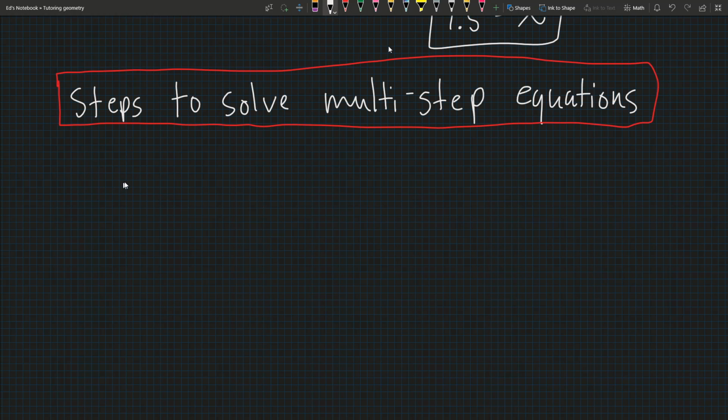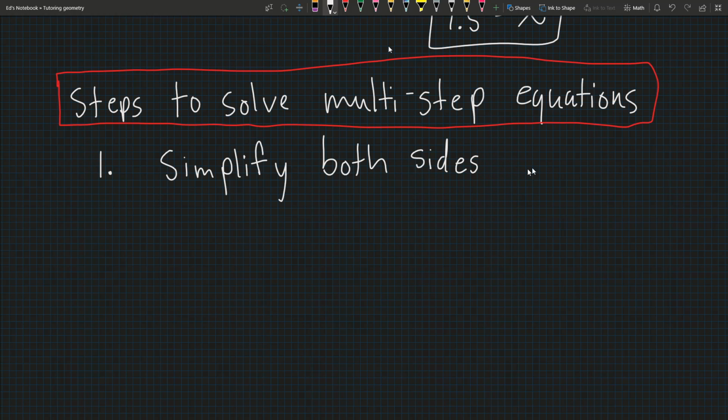And how we do that is to first simplify if we can. Simplify is always a good idea. Simplify both sides first, right?